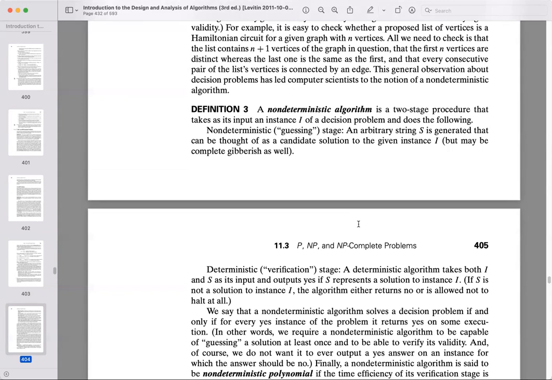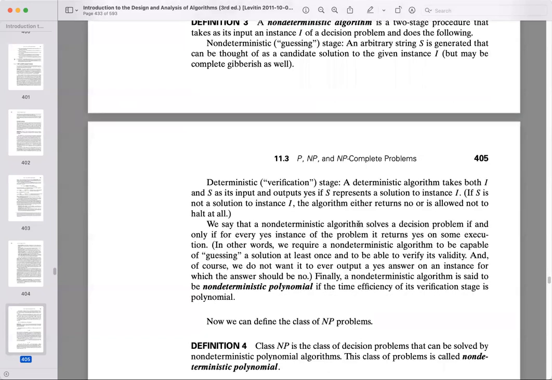So we do this by going through a non-deterministic guessing stage. An arbitrary string is generated that meets what we think are the criteria for being a solution. We then test or verify whether it is a correct solution.